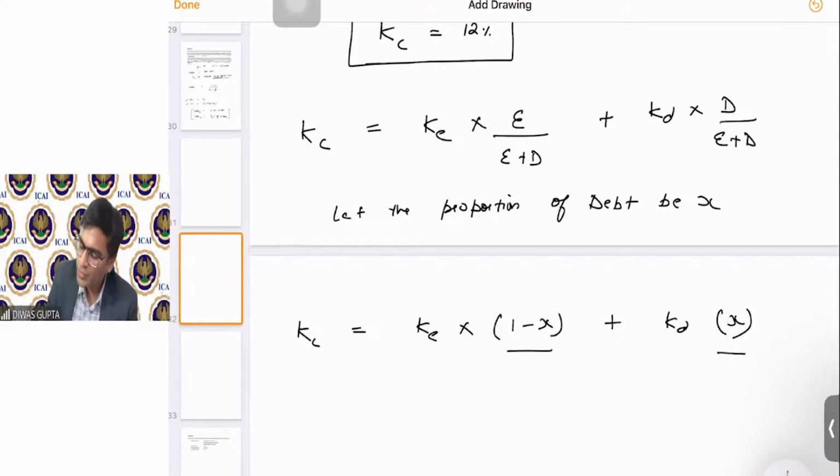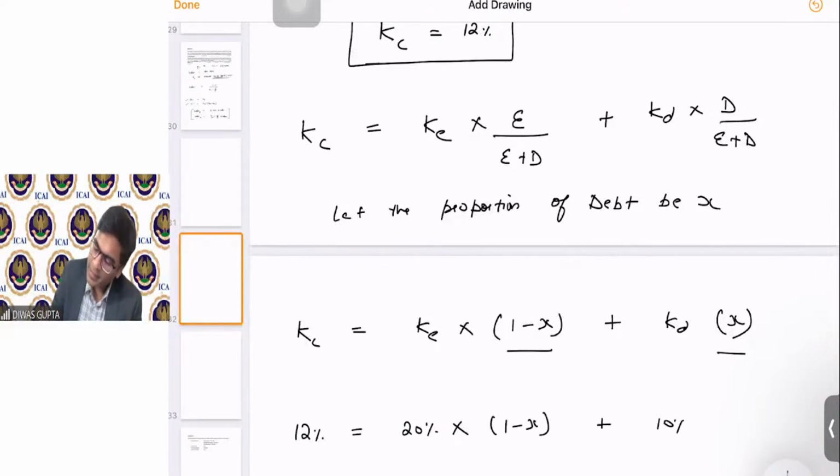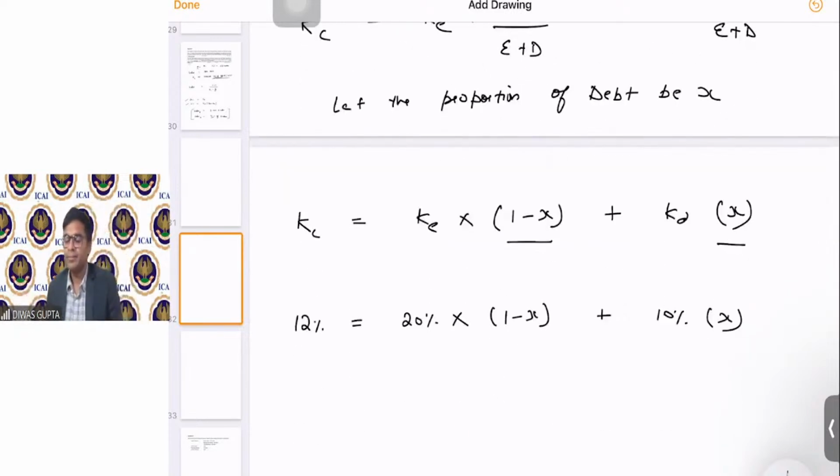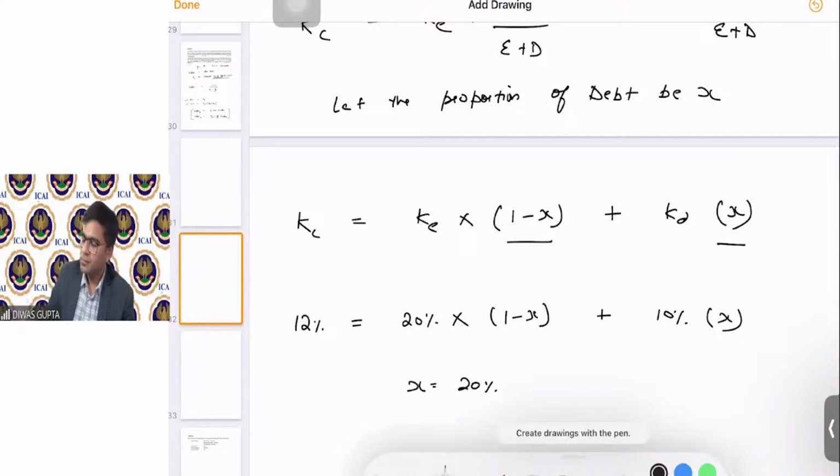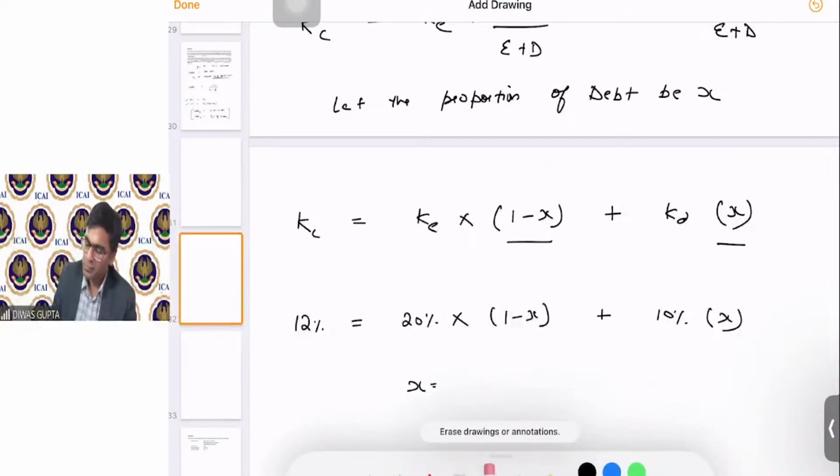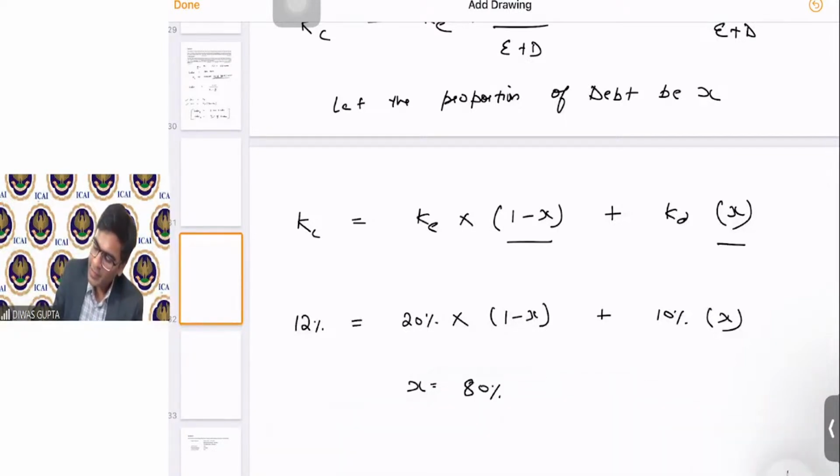That is why we have used this relationship to arrive at a single variable equation, right? Now 12% is equal to 20%, the cost of equity, into 1 minus X, plus 10%, the post-tax cost of debt, into X. Okay, students. By solving this, X is actually, sorry, 80%, students.